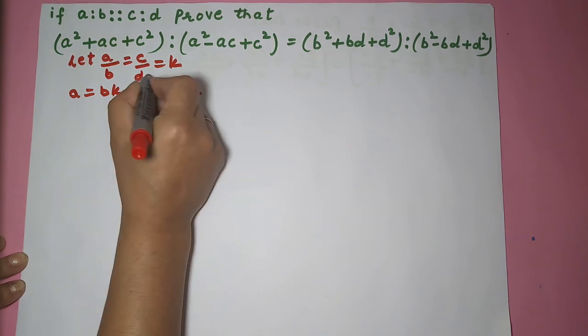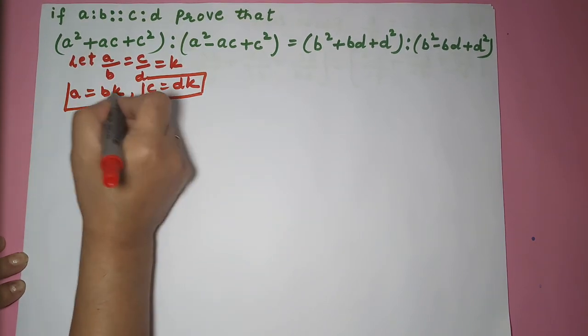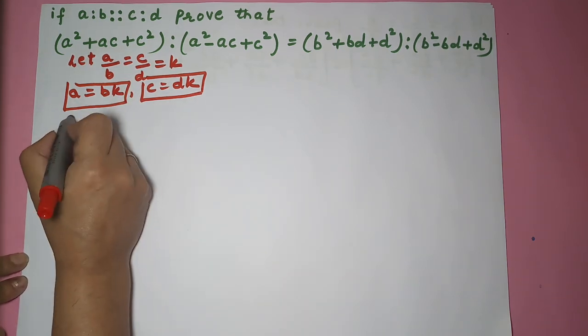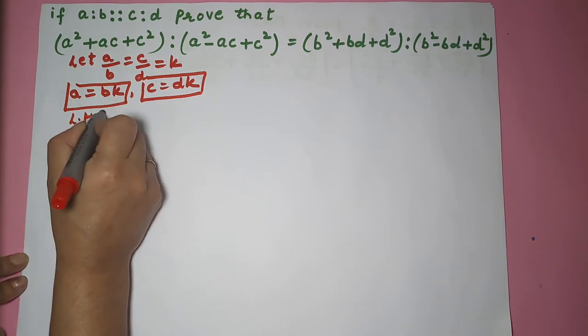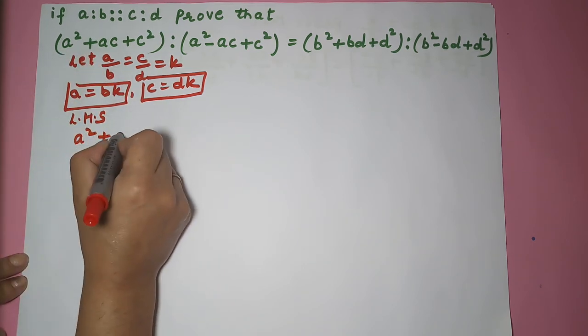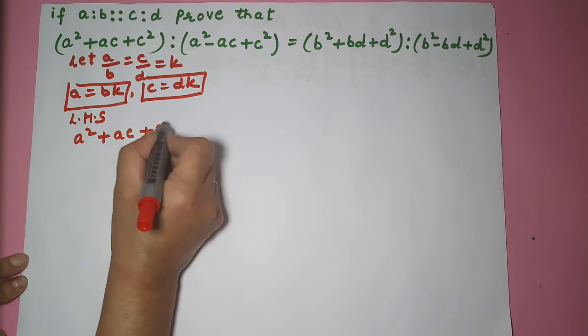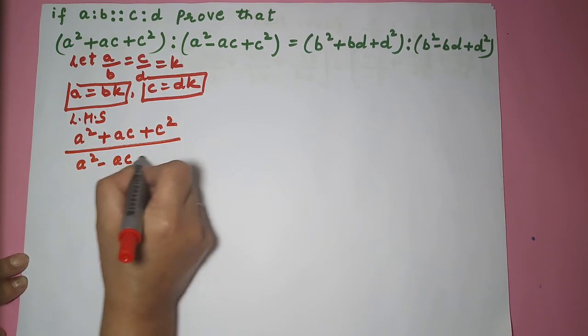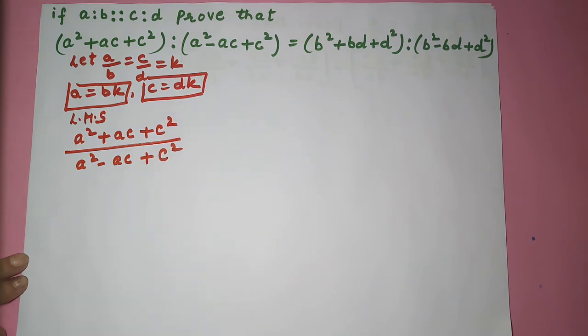Now I am going to replace only A and C. I am not going to touch any other term. So I will take the left hand side part first. What is that? I'll write that A square plus AC plus C square divided by A square minus AC plus C square. Okay. I'm clear what I have to replace.